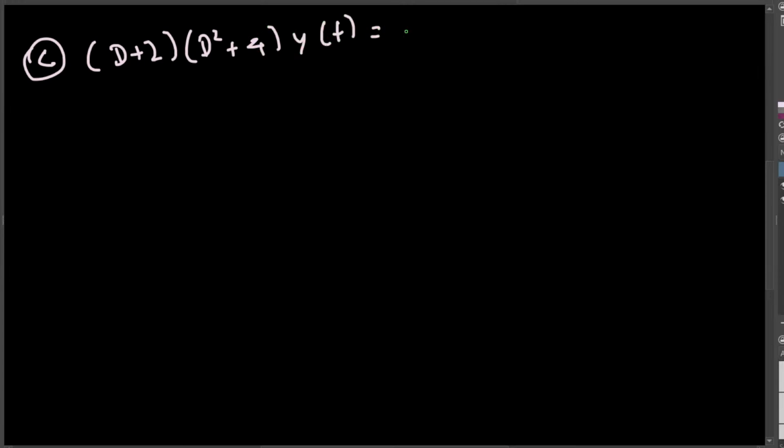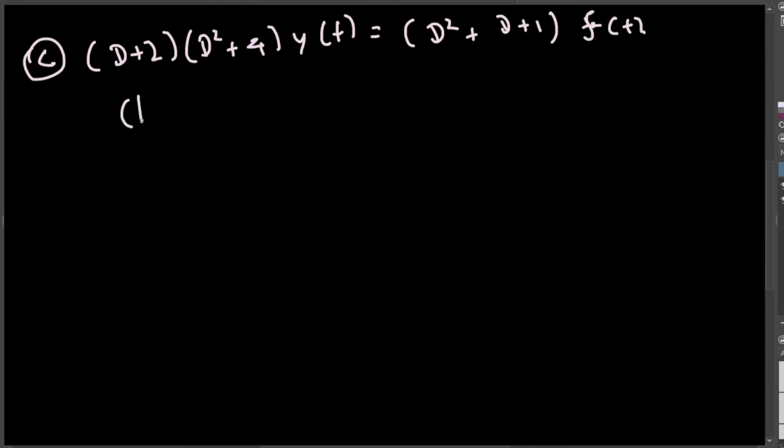Now let's look at another example. (D plus 2)(D square plus 4) y of t equals (D square plus D plus 1) f of t.